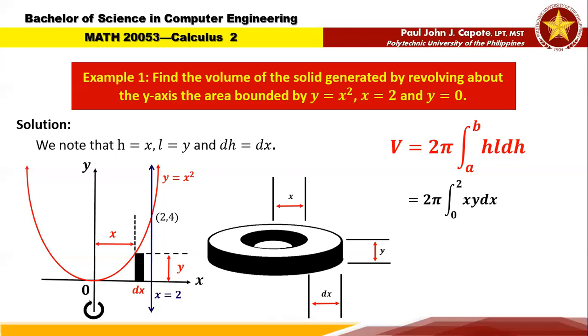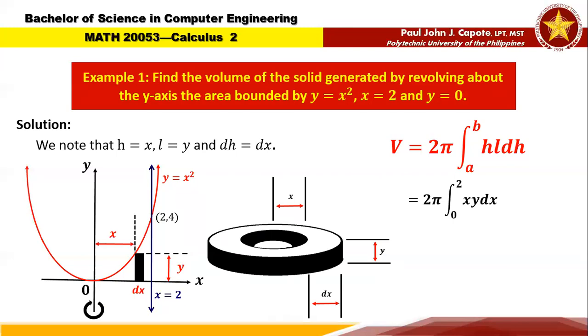Since we are integrating with respect to the variable x, then we need to replace the variable y in the integrand. How? To do that, we will use the function y equals x squared. So we substitute x squared for this y. So we have x times x squared in the integrand.